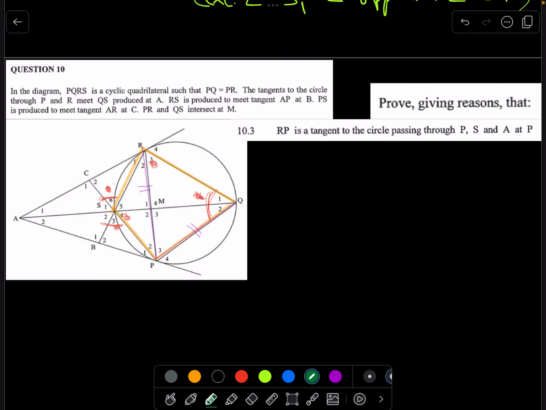So we're being told that there's a circle that passes through P, S and A.